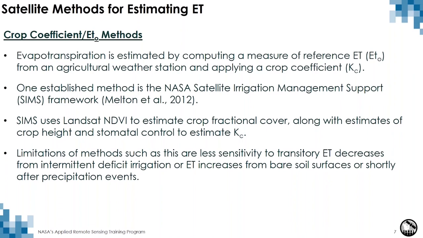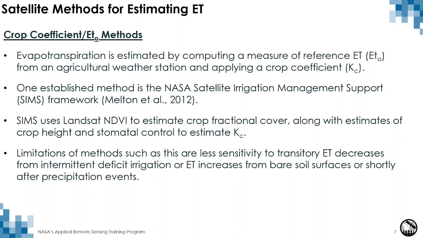That being said, those crop coefficients are really good when a farmer is able to understand what crop is in his or her field and to apply a crop coefficient that is relevant. So this requires a lot of human interaction to do this in a way that is able to provide an accurate measure. One of the established methods is a NASA program run out of NASA Ames, the NASA Satellite Irrigation Management Support System.